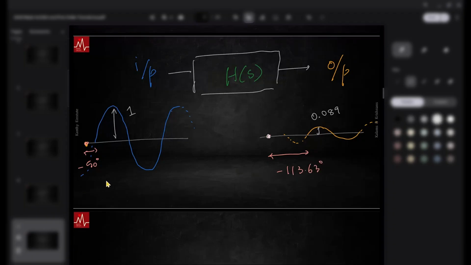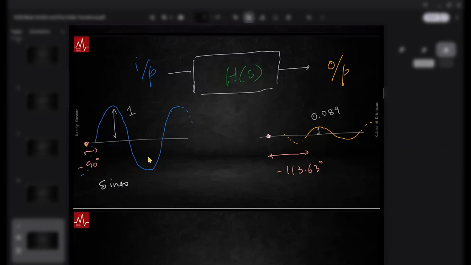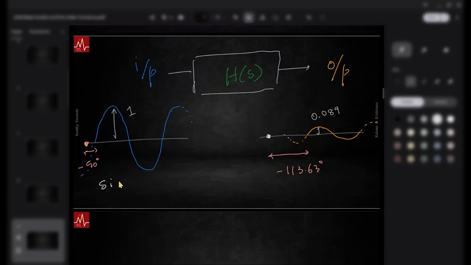So this is a sinusoidal input, and this is a sinusoidal output.